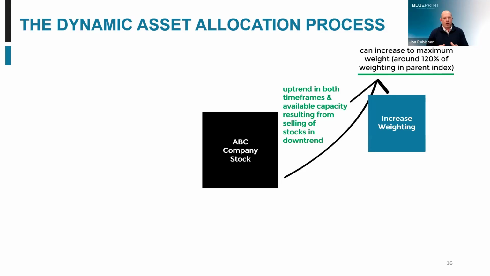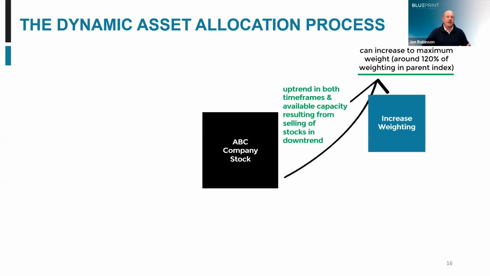We want to limit our overexposure to any one stock, and we want to prevent any one stock from driving or attributing so much to the portfolio that we end up holding one stock, or at least the performance of the strategy is dependent on one stock. Risk management is about reducing dependencies, not increasing dependencies. And so for us, this is how we increase the weight from the baseline to an overweight stance.